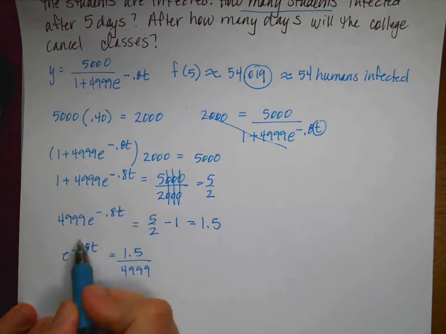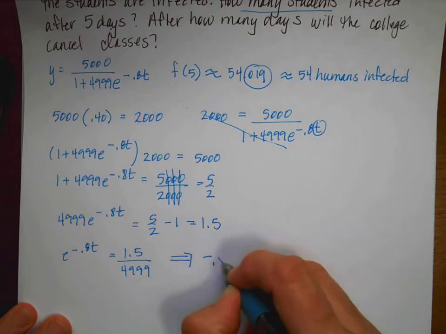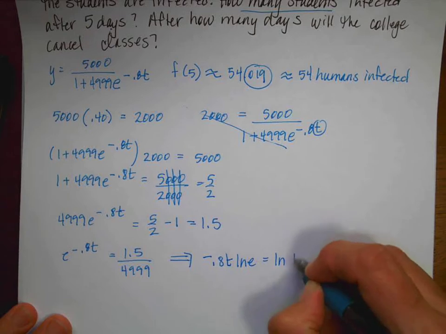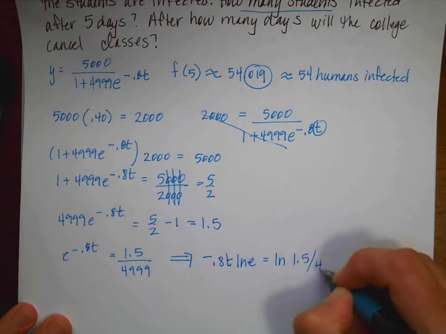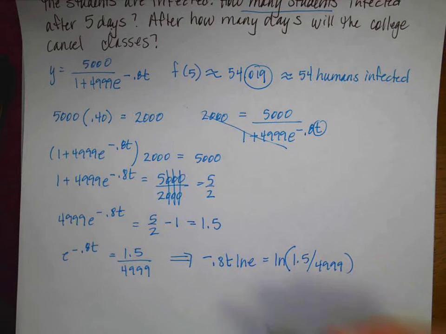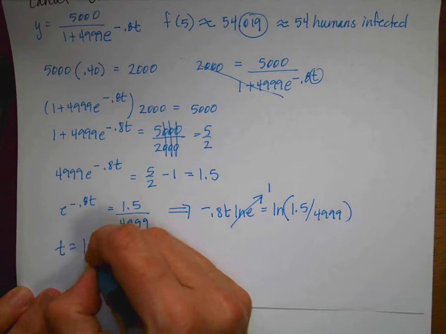I'm not going to do this math because it's not going to be a pretty number. Now what I'm going to do is take the log of both sides. So I'm going to do a negative 0.8t times the natural log of e, which is the natural log of 1.5 divided by that number. And again, I'm not going to push buttons on my grapher yet. The natural log of e is 1.